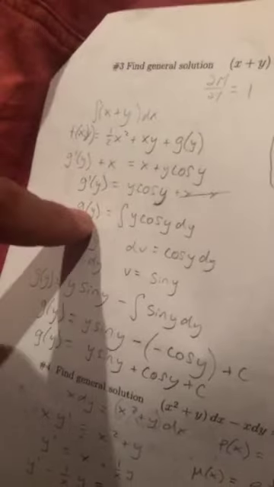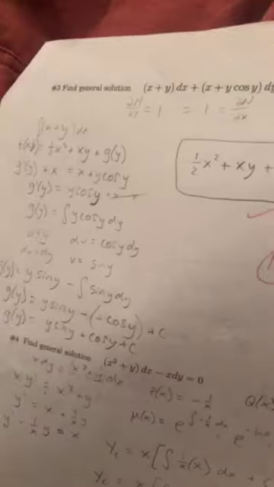And now to get g(y), to plug back into your solution here, you're going to integrate that with respect to y. So to integrate that, it's integration by parts. Integration by parts is the integral of u dv equal to uv minus the integral of v du.